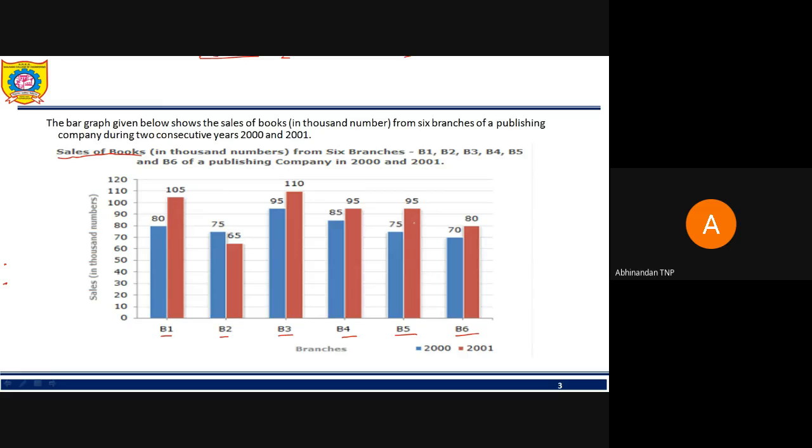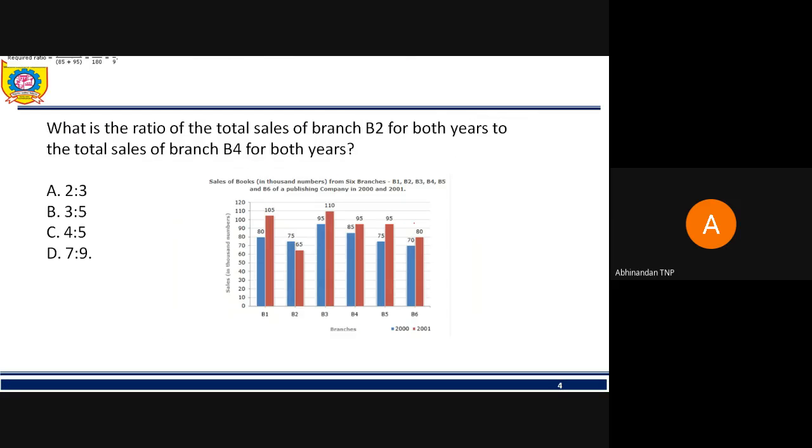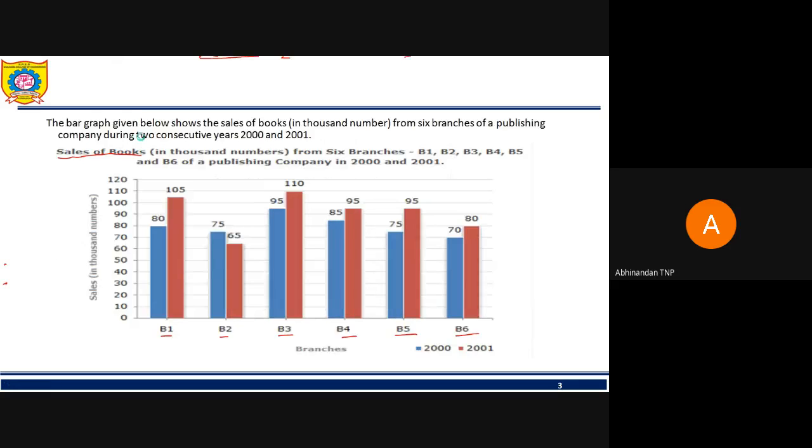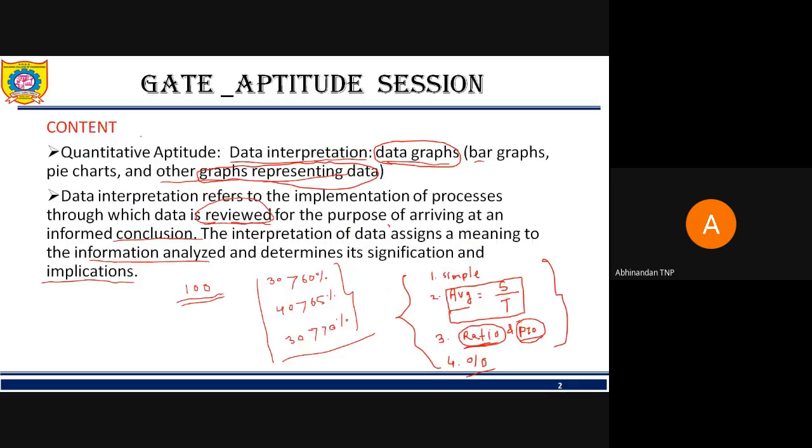Okay, so let us go for the first question. What is the ratio of the total sales of the branch B2 for both years to the total sale of the branch B4 for both years? Now, as I told you, ratio, proportional, percentage are very important in data interpretation.